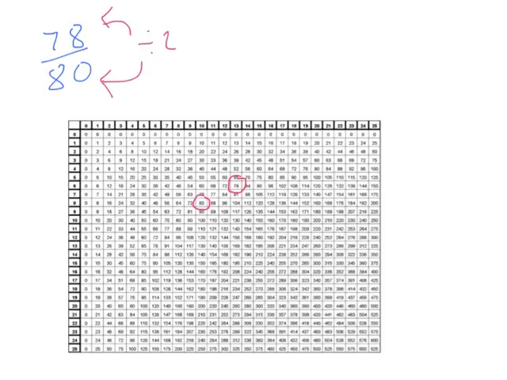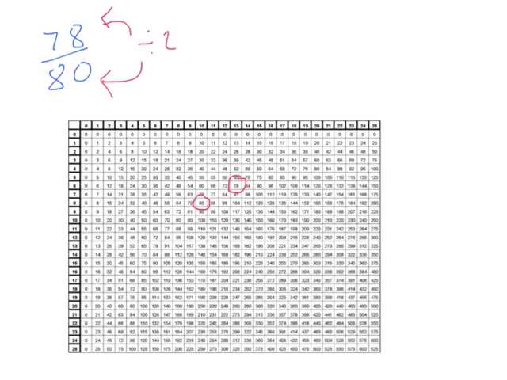So again, if the end numbers are even, number 2 will go into it equally. So now we just need to work out what is the answer for 78 divided by 2.